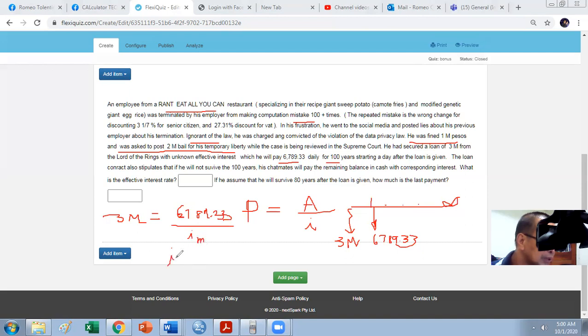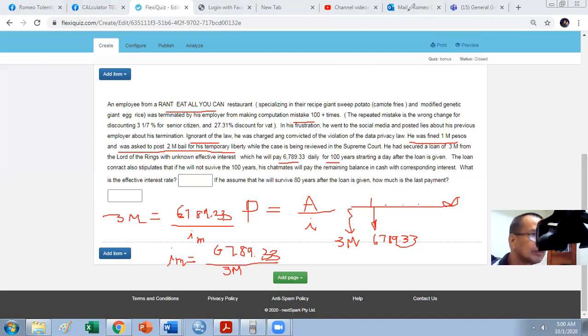Therefore, i monthly is equal to 789.33 divided by 3 million.